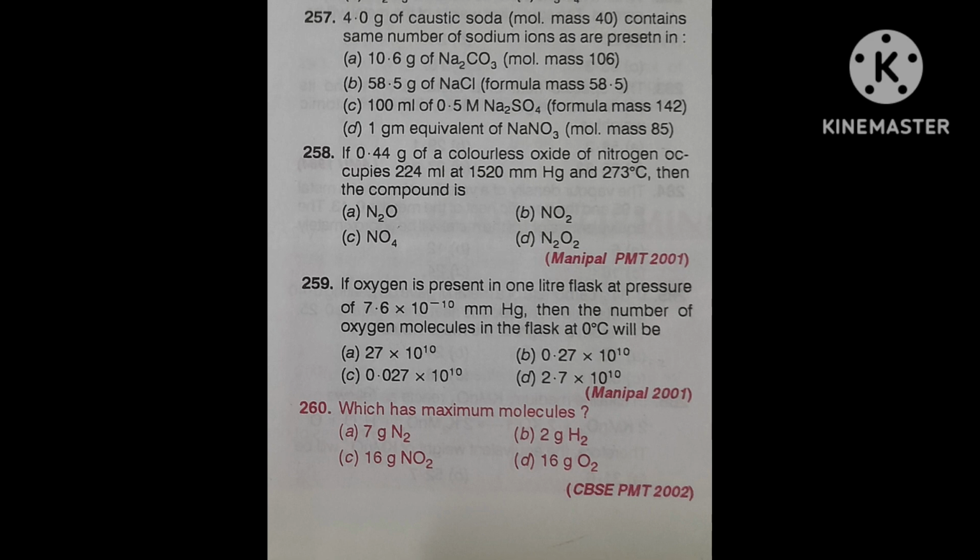If you convert into moles, it is 7 by 28, which is 1/4 of Avogadro number, or 0.25 mole. You compare in terms of moles only. Now 2 gram H2 means what?